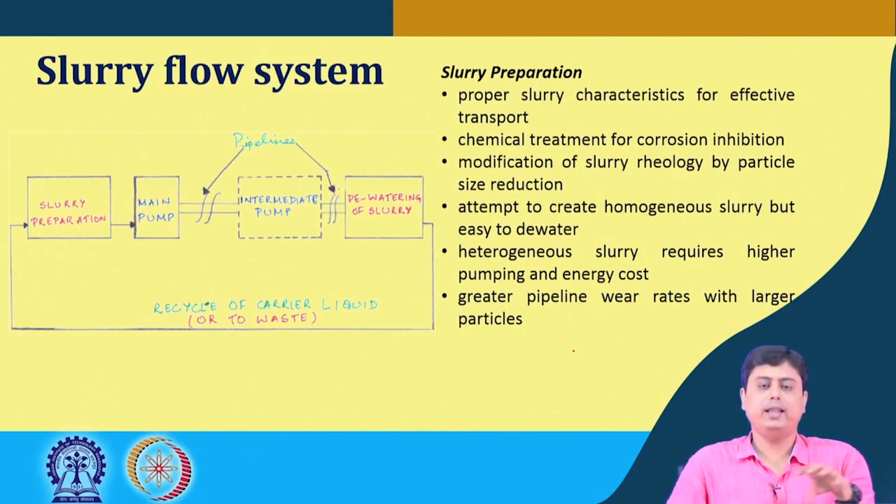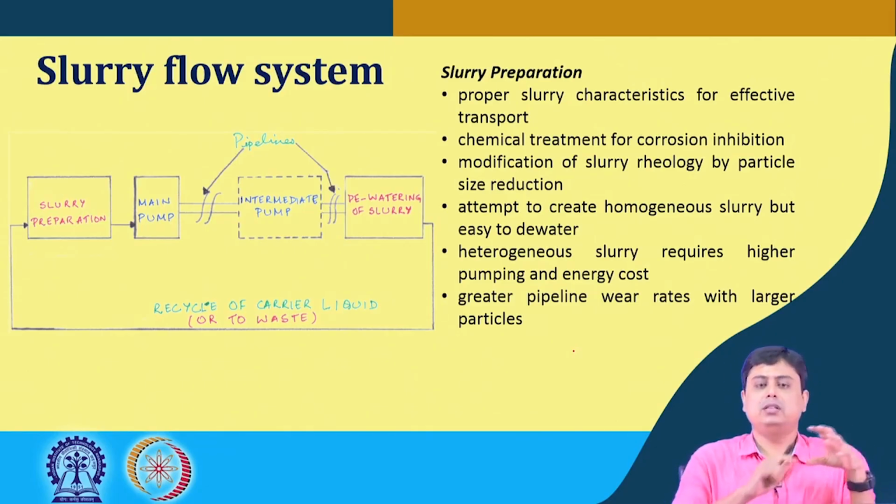We must avoid that kind of a regime, at least if it happens in heterogeneous regime. So, that is why we have seen the details into the critical deposition velocity above which the slurry should operate, or the operation should be there.